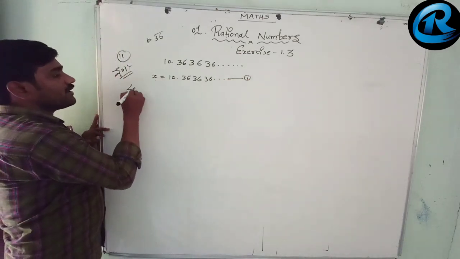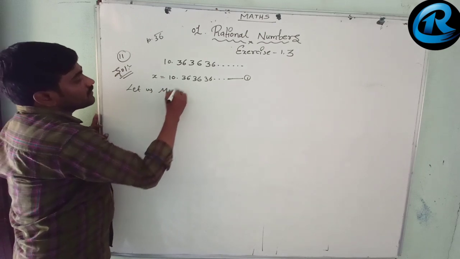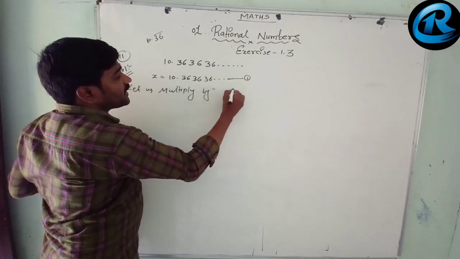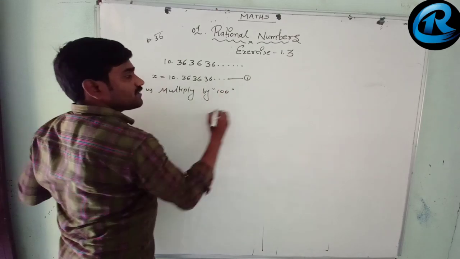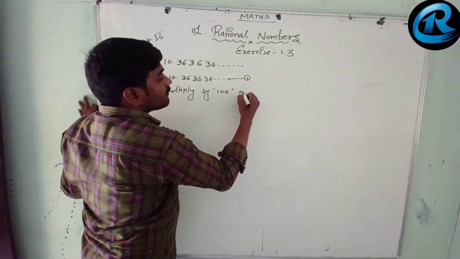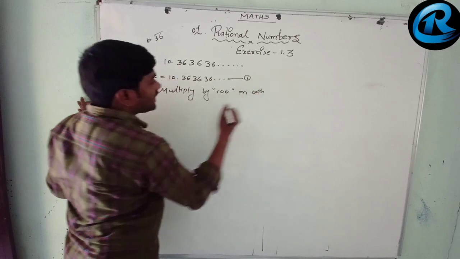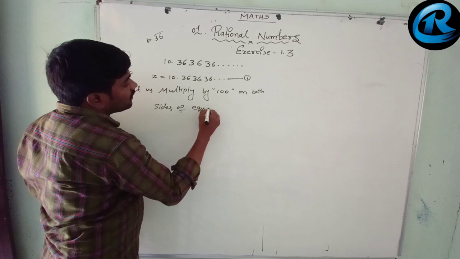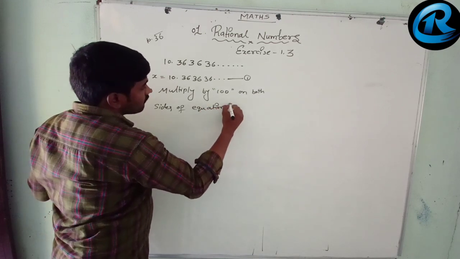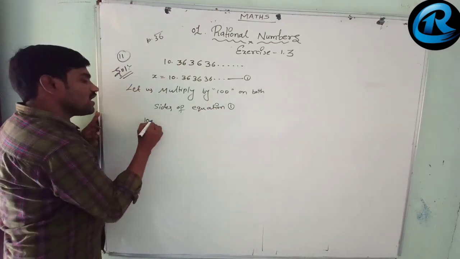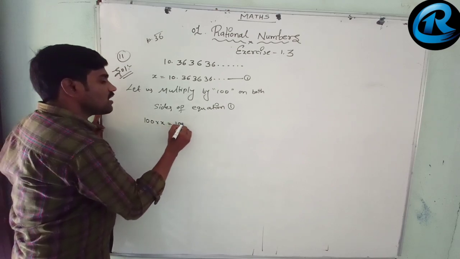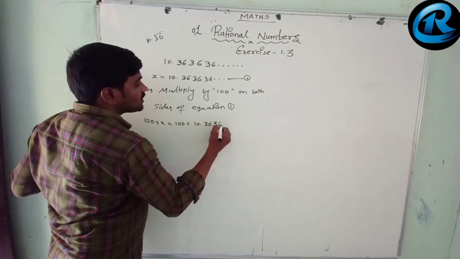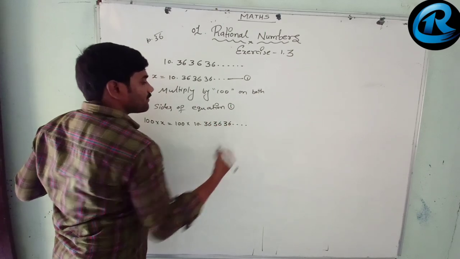Now let us multiply. How many digits are repeating continuously? Only 2 digits. So let us multiply by 100 on both sides of equation number 1. 100 into x equals 100 into 10.363636 bar.